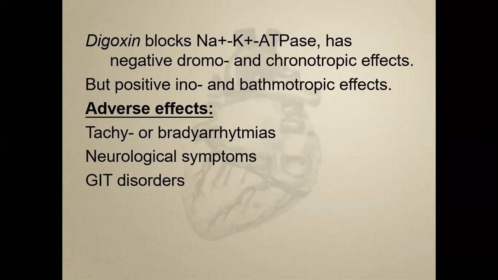Digoxin has negative dromotropic and chronotropic effects, decreasing conduction and automaticity of the heart, but has positive inotropic and bathmotropic effects. Digoxin as an antiarrhythmic drug is used to treat supraventricular arrhythmia.